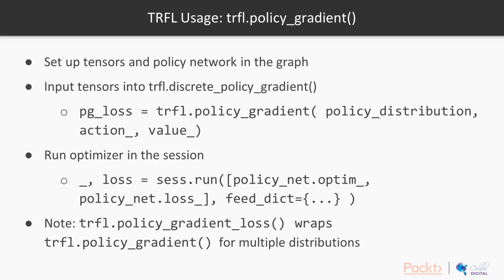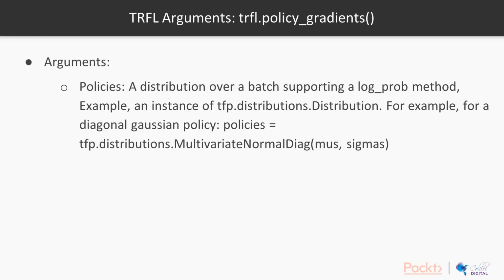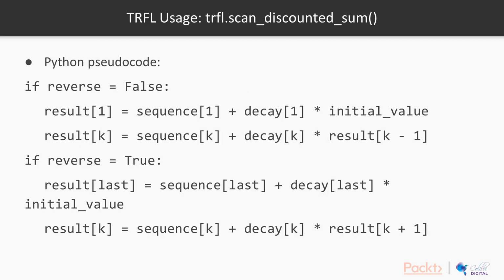Usage for continuous action spaces for TRFL.policy_gradient is similar to the discrete case. The main difference is the first argument is a policy distribution in the continuous case. We parameterize the policy distribution rather than producing policy logits. For example, if we parameterize a normal distribution, we'd find values from mean and standard deviation that produce a good policy. Scan discounted sum is a convenient function for handling sequences of rewards and discounts.